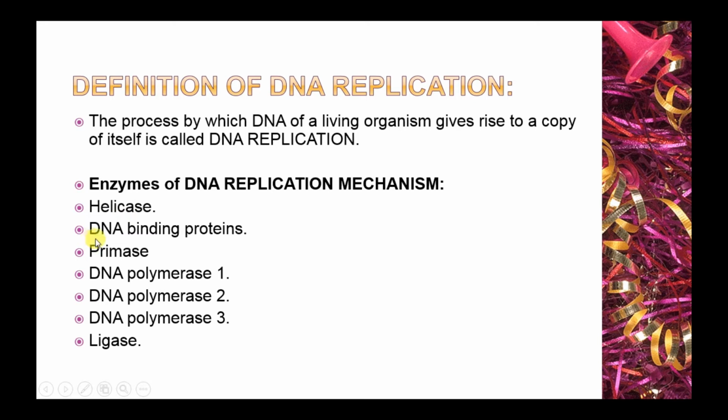Helicase, the second one is DNA binding proteins, also called single strand binding proteins. The third one is primase. We will study its function also. The fourth ones are DNA polymerase 1, DNA polymerase 2, DNA polymerase 3, and the final is ligase.